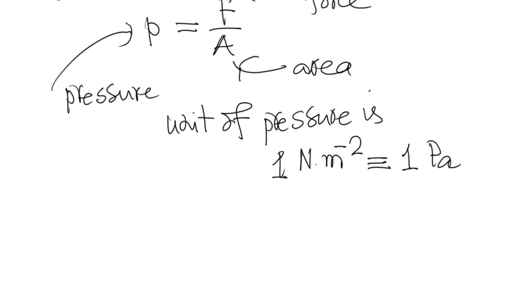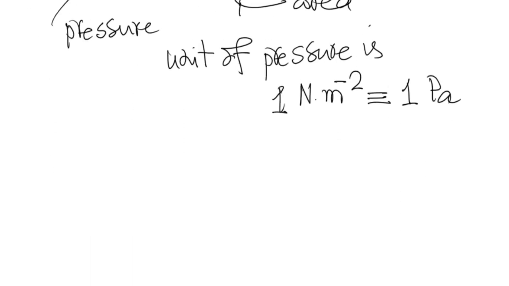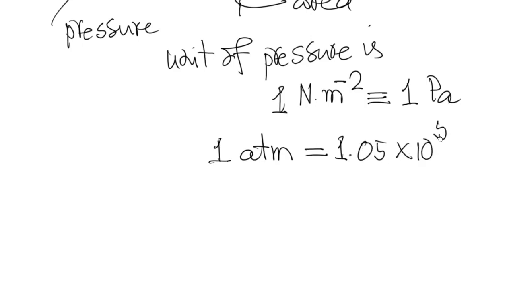And another unit of pressure is known as atmosphere. 1 atmosphere pressure is equal to 1.05 into 10 to the power 5 Pascal.